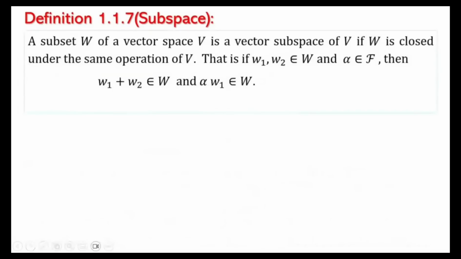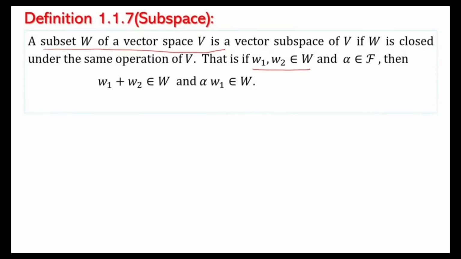Now, another important aspect of this fundamental is the subspace. We call a subset W of a vector space V a subspace if, with the same operations of V, that is the addition and scalar multiplication, W is closed.